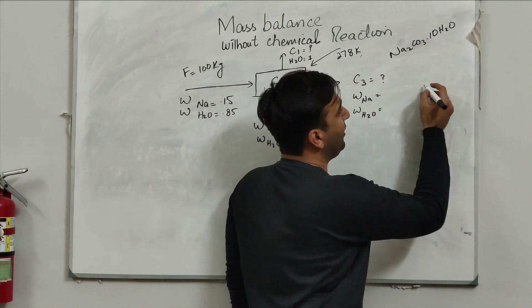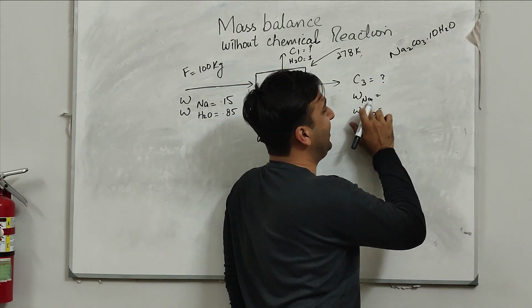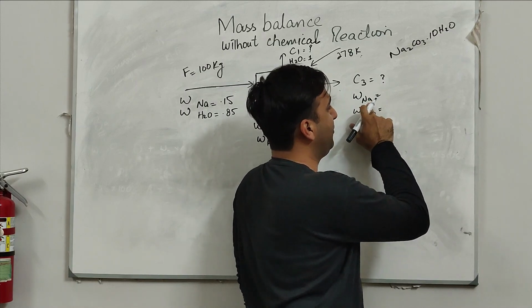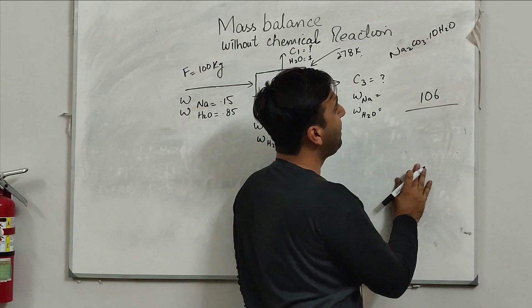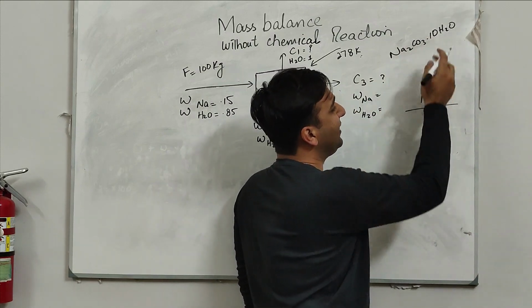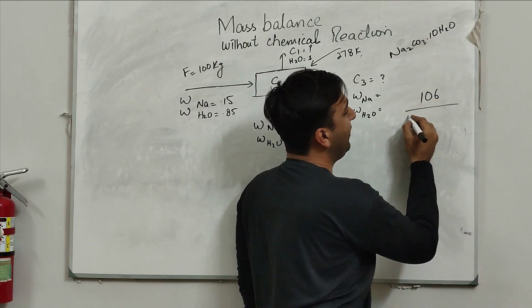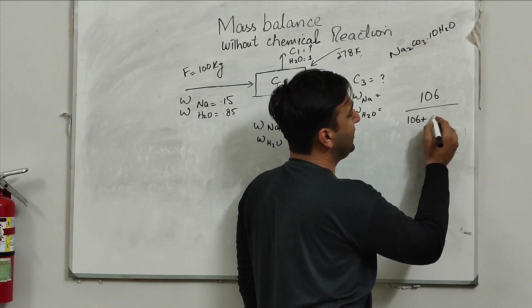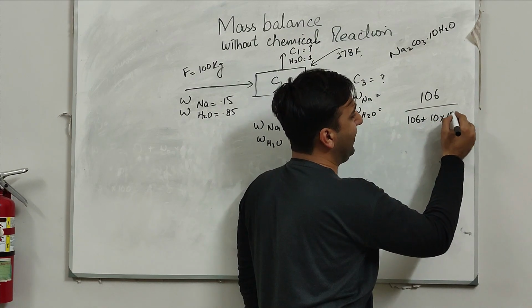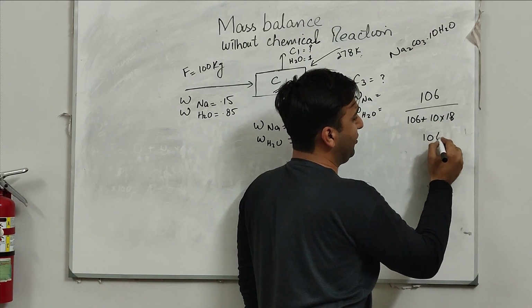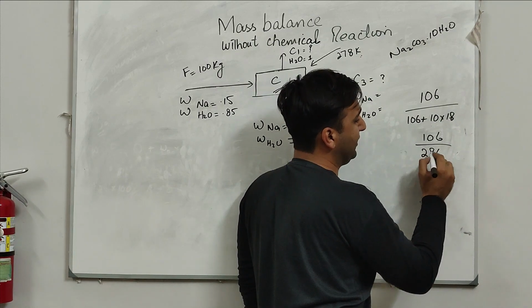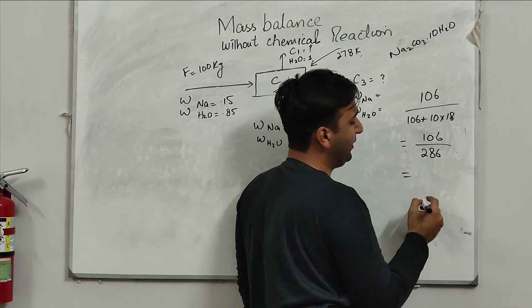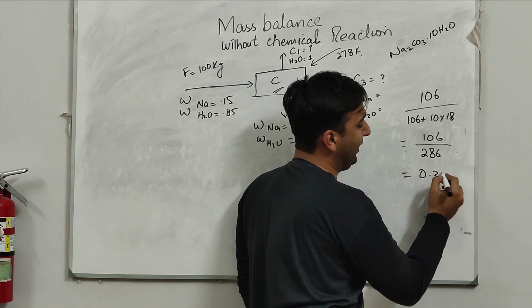So how can you find the mass fraction of sodium carbonate and of water in this crystal? Let's see. For finding the weight fraction of sodium carbonate, its molecular weight is 106, and for the complete crystal the molecular weight will be 106 plus 10 multiplied by 18. So it will become 106 divided by 286. If you solve it, it will become 0.37.